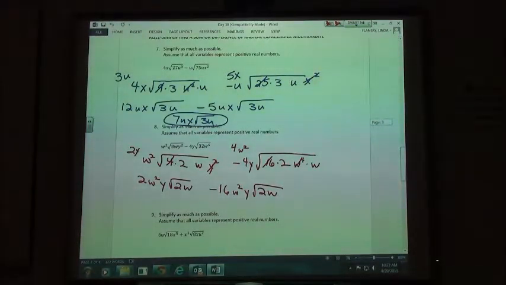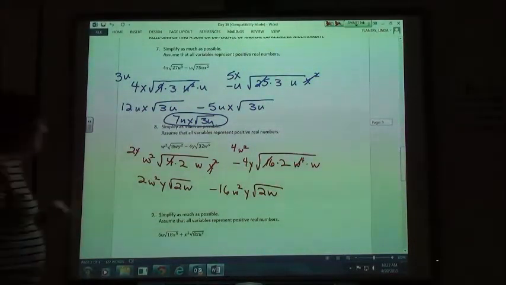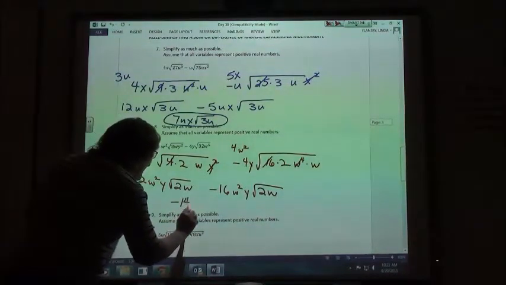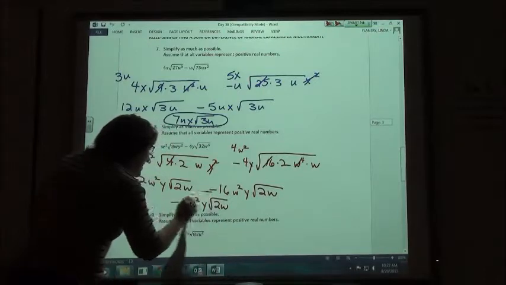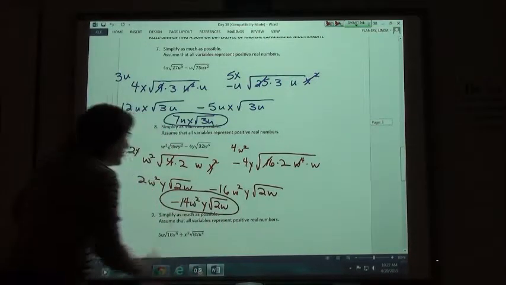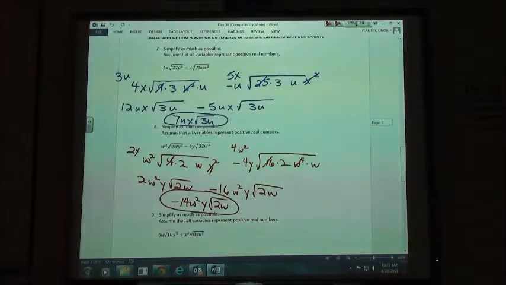So I have 2w squared y square root of 2w minus 16w squared y square root of 2w. My answer then would be negative 14w squared y square root of 2w. Exactly, negative 14w squared y square root of 2w.